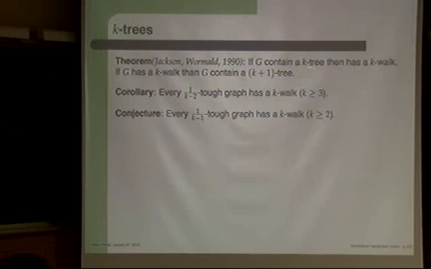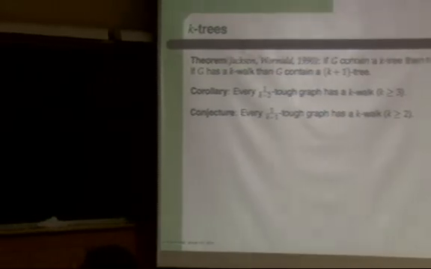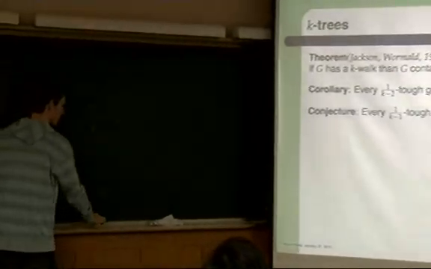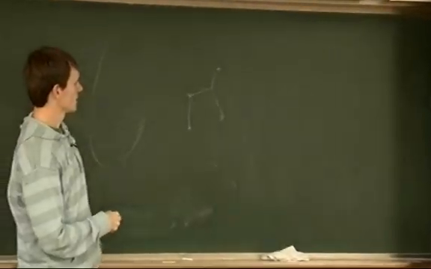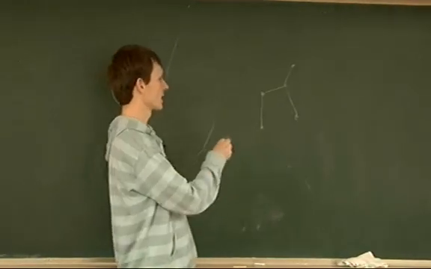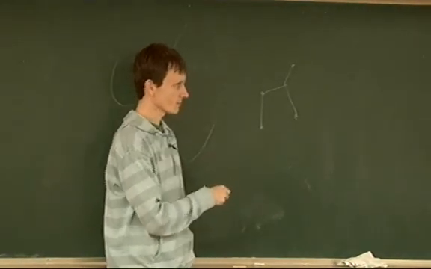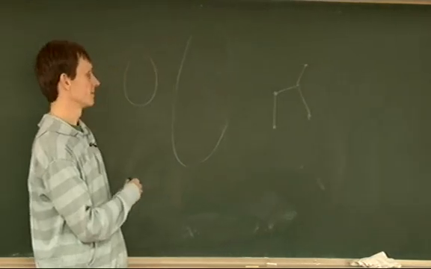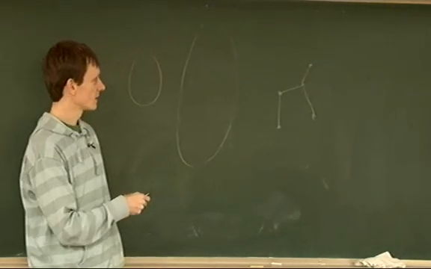Let's look at this small example: if you have a 3-tree, how you can get a 3-walk. It's really the easiest way to look at it.